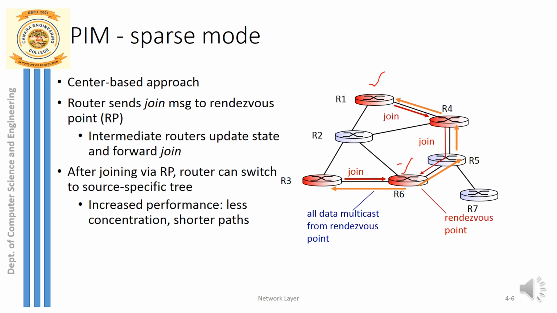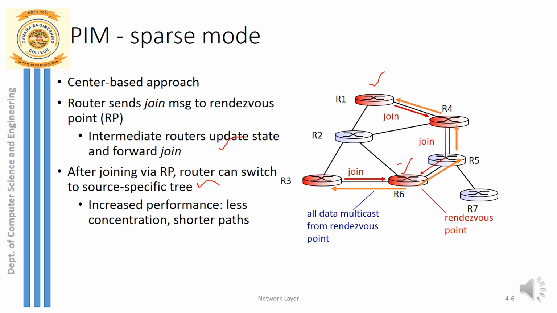Intermediate routers are nothing but these routers R2, R5 and R7. They are all helping these routers to join. That means they are just forwarding this join message to the next router on the path. Whenever that forwarding is happening, that state is actually updated in its routing table. Once this join message is sent, it can switch to the source specific tree.